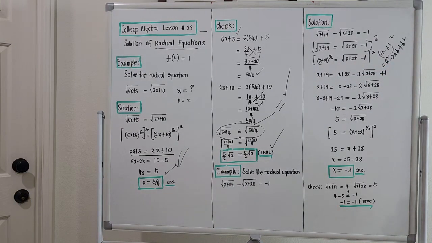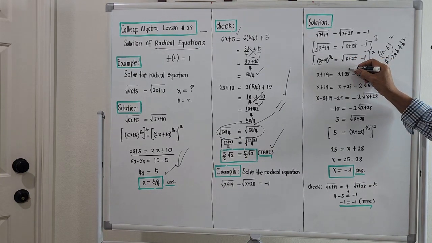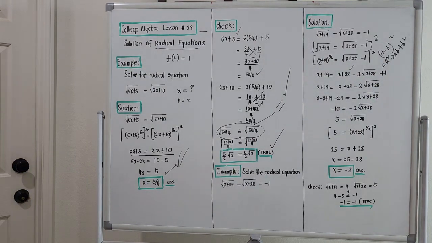So if we try to square the right-hand side, the square of the square root of x plus 28, the power 1 half will disappear, right? So what will remain will just be simply x plus 28. The middle term will be the product of the first and second, times 2. But it should be negative because this is minus.